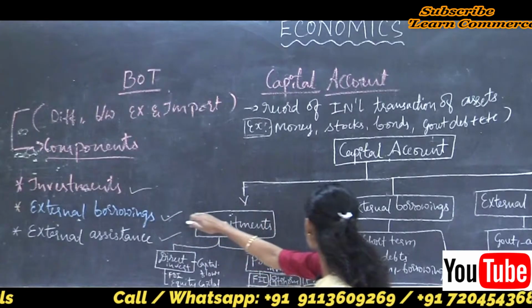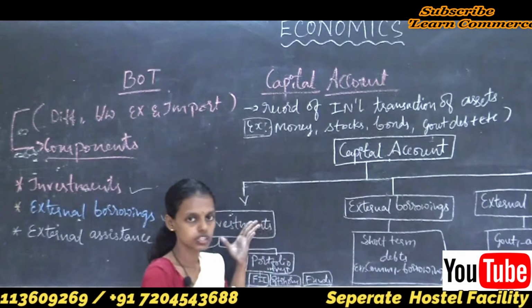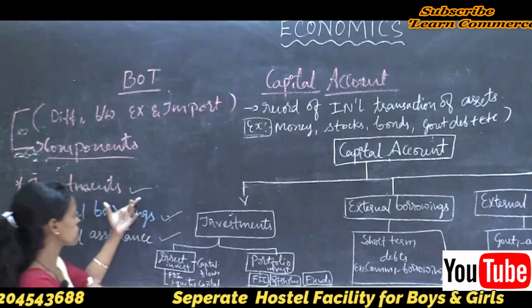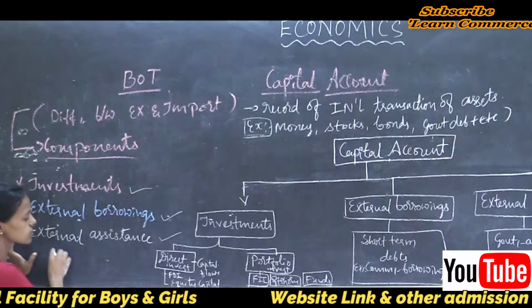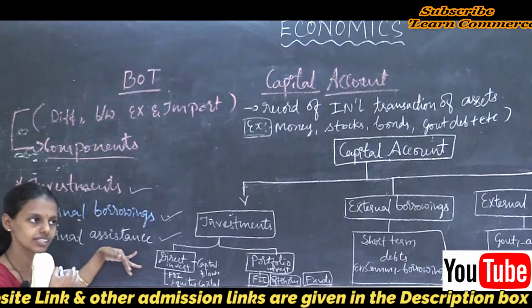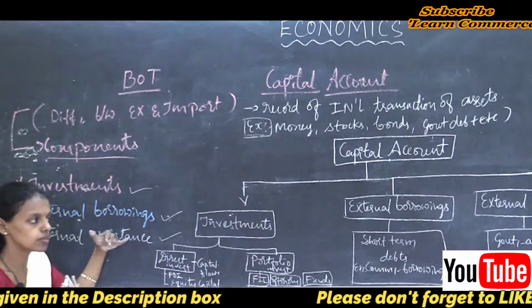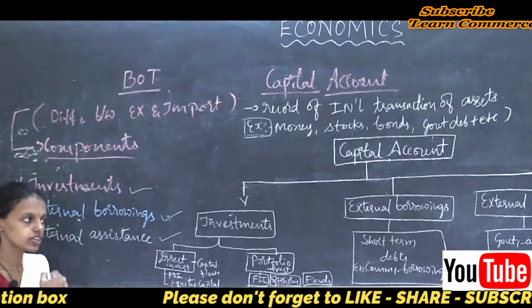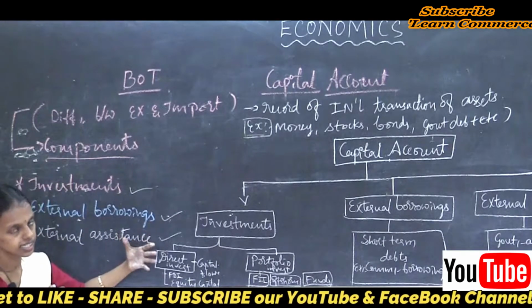External borrowings include short term or long term borrowings, or commercial borrowings. External assistance may be assistance from other countries to our country, or from our country to other countries, in the form of bilateral or multilateral loans or government grant in aid.